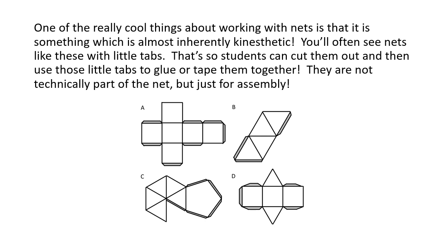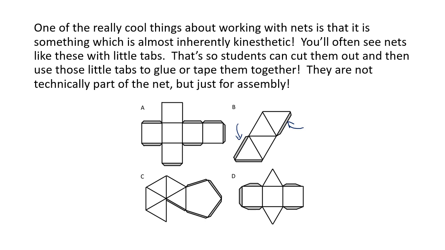And that's a nice thing about working with nets, that this is naturally a very kinesthetic activity. This is not just something to look at and think about, but something to do. Sometimes if you look online, you'll find patterns for nets like these with little gray pieces or little extra bits. Those are tabs for assembling these things.